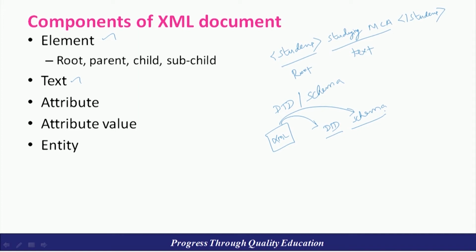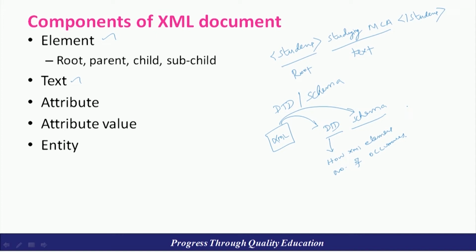I have written how my XML document should be, how XML elements, how many, that is the number of occurrences. I have specified every rule using DTD or schema. Then the DTD or schema will be associated with the XML document, and definitely the XML document should conform to the rules I have specified in the DTD or schema.